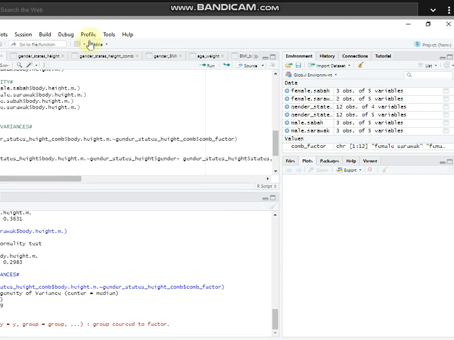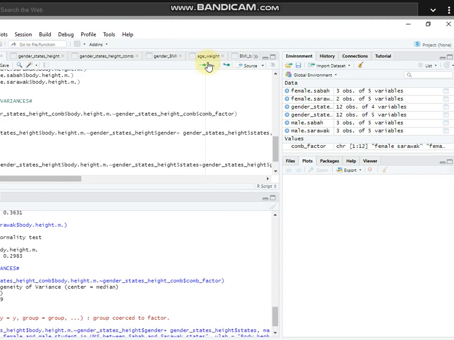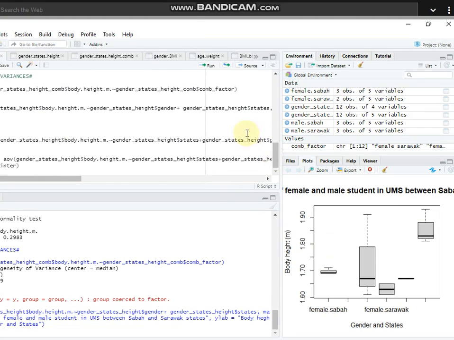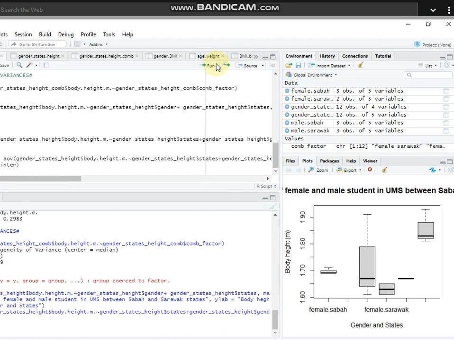So the box plot, to summarize and compare data. This one is without interaction. Run. Run.